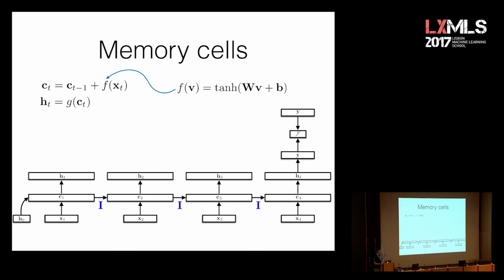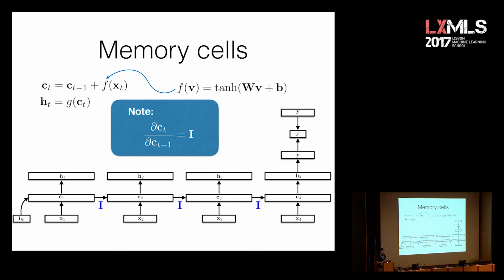And this f(x) for the next few slides is just going to be our favorite tanh, with a linear or affine transformation inside of it. Then our cell is converted to the squashed hidden state, because in the classic RNN all of our values were squashed, so we want to have that nonlinearity in there.